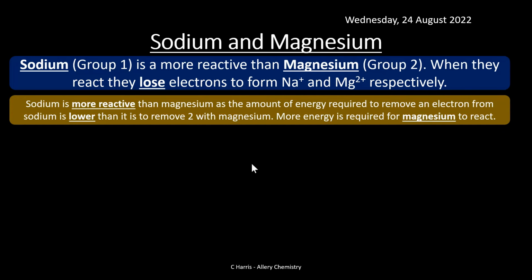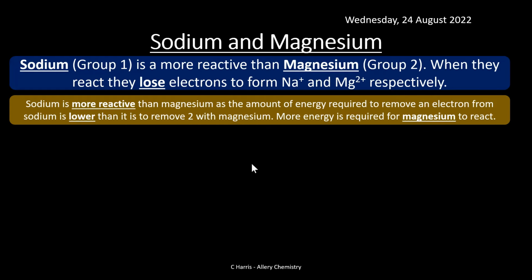So sodium is more reactive than magnesium, as the amount of energy required to remove that electron from sodium is lower than to remove 2 from magnesium, because obviously you need more energy if you're going to remove 2 electrons from magnesium rather than just the 1. So therefore the reactivity of sodium is much stronger. More energy is required for magnesium to react in the first place.